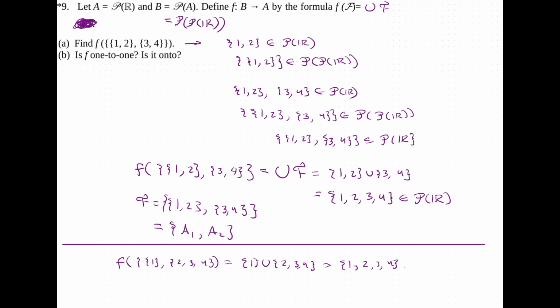So it is not 1 to 1. So F is not 1 to 1, since the set {1, 2, 3, 4} has at least 2 inputs mapping to it.